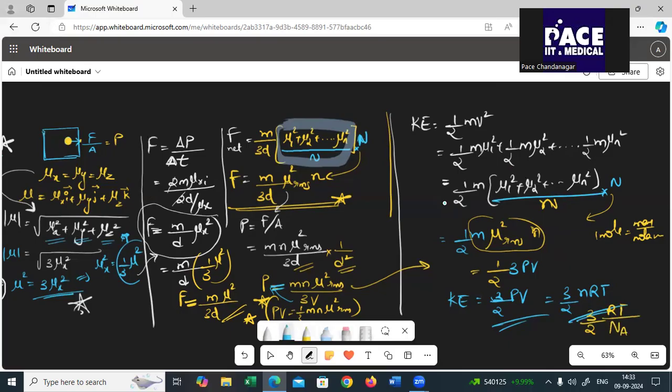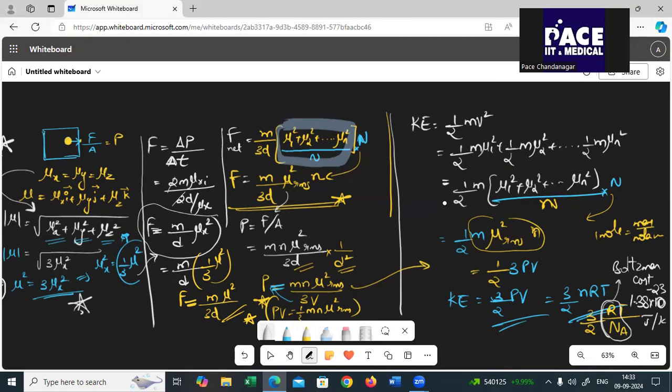Now this R by N Avogadro is nothing but what is called the Boltzmann constant. Boltzmann constant is equal to 1.38 into 10 to the power minus 23 joules per Kelvin. So this number you should remember.